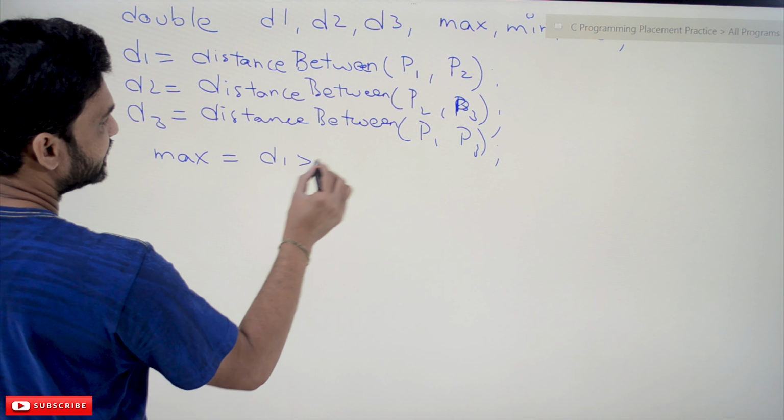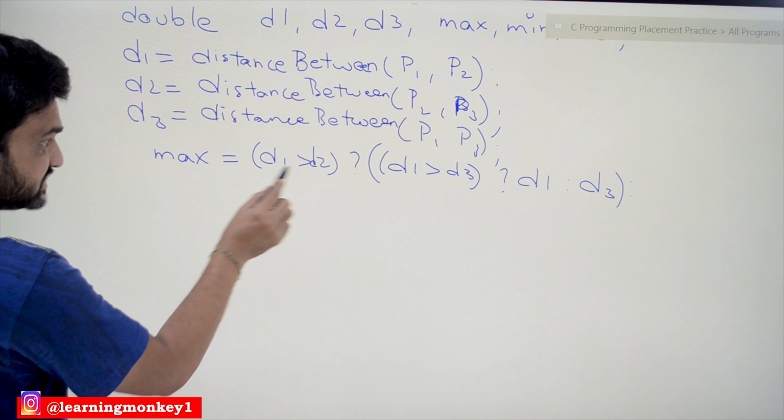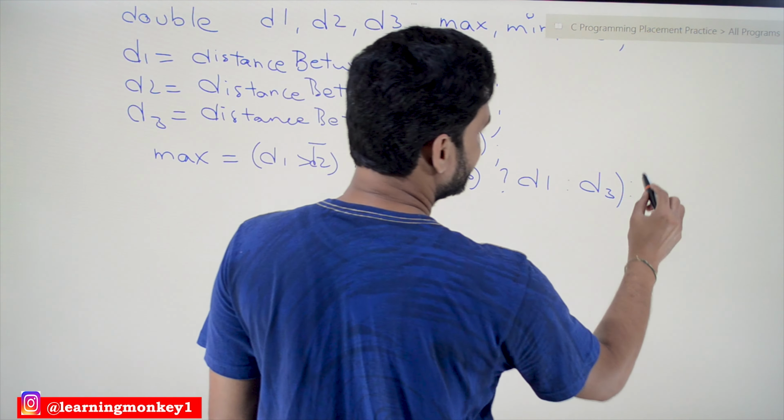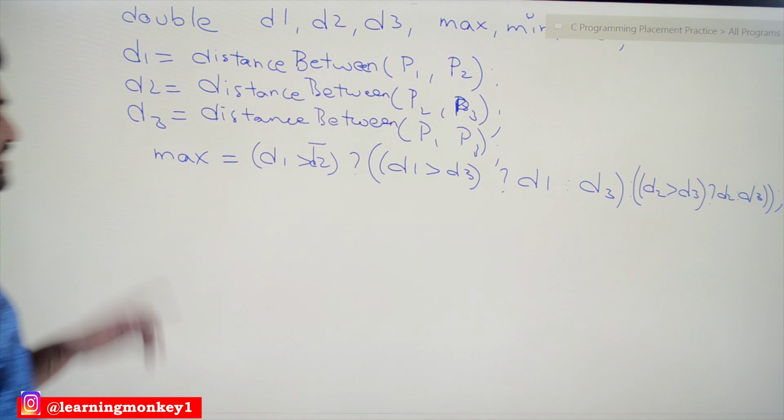If this is also true, the bigger one is d1, else the bigger one is d3. Else, if the first condition is false, so which one is maximum? d2. Next we compare d2 greater than d3. If this is true, the maximum is d2, and if this is false, the maximum is d3. So this is the function for maximum.